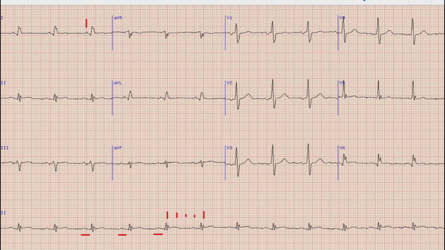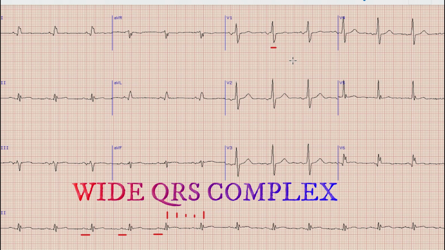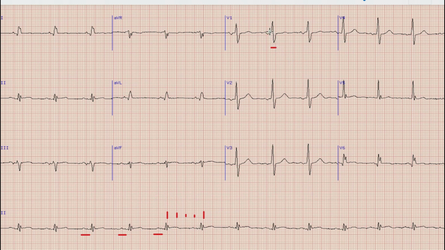After the P waves, the next step is looking at the QRS complex. It is evident that the QRS complex is slightly prolonged, with a duration of around 3 small squares or 120 milliseconds. Also, another prominent finding which you can note is the presence of an R wave in lead V1.